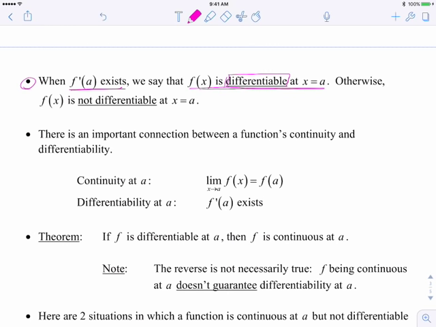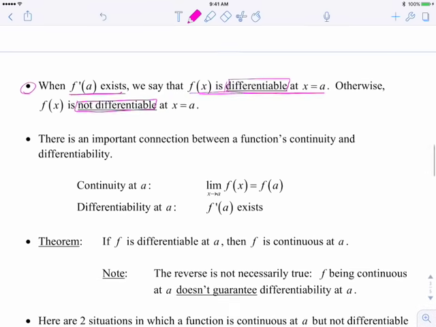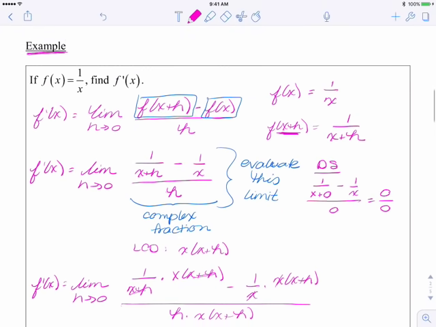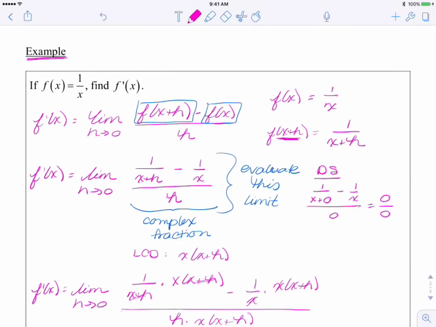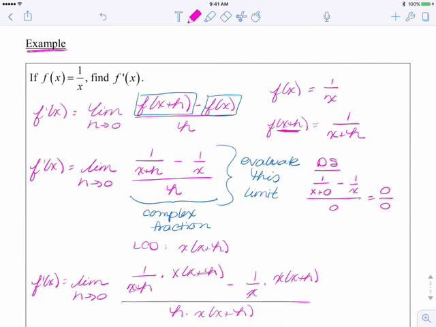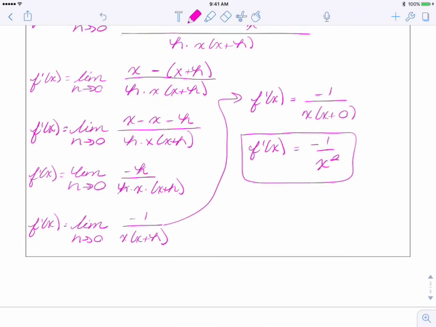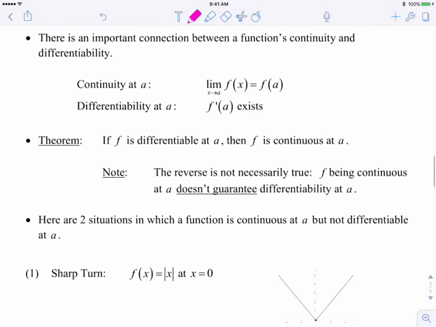Otherwise, if f prime of a does not exist, then f of x is not differentiable at x equals a. So going back to the previous example for the function 1 over x, that function is not differentiable when x is equal to 0, because f prime of 0 doesn't exist. If we plug 0 into the derivative formula, we get an undefined fraction. So f prime of 0 doesn't exist, therefore f of x is not differentiable at 0.